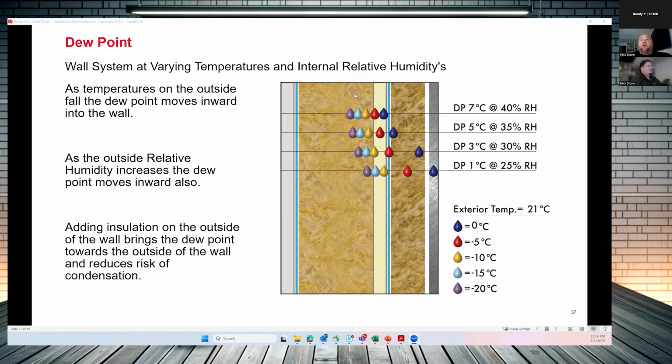So no matter what you do in this cavity, you still potentially could have some moisture related issues that can form right here on the inside of your sheathing or inside of your sheetrock on the inside. Where if you add that exterior insulation, you're really going to buffer that moisture that could potentially accumulate in here and keep it out here in this exterior insulation, keeping those systems much safer year after year, decade after decade.